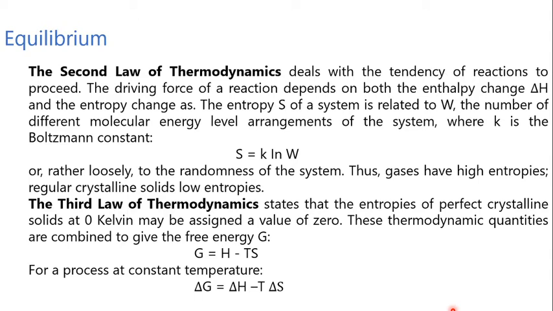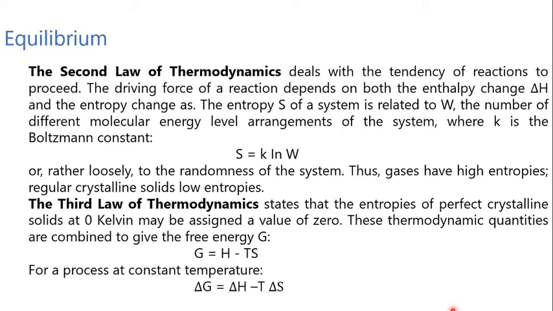The driving force of a reaction depends on both the enthalpy change delta H and entropy change delta S. The entropy S of a system is related to W, the number of different molecular energy level arrangements of the system, where K is the Boltzmann constant. Therefore, S equals K ln W, or rather loosely, the randomness of the system. We can say the entropy is nothing but the randomness or disorderliness of the system.